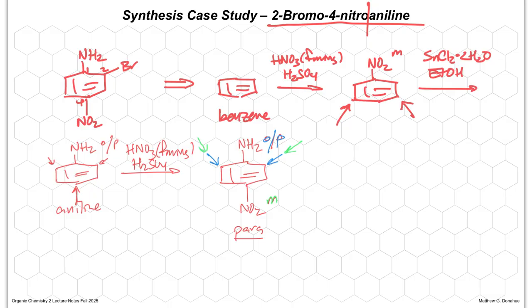So now those two substituents reinforce one another. And that's exactly where we need that bromine, so we don't have to do any weird blocking or anything like that. So we can just finish off with the bromination.